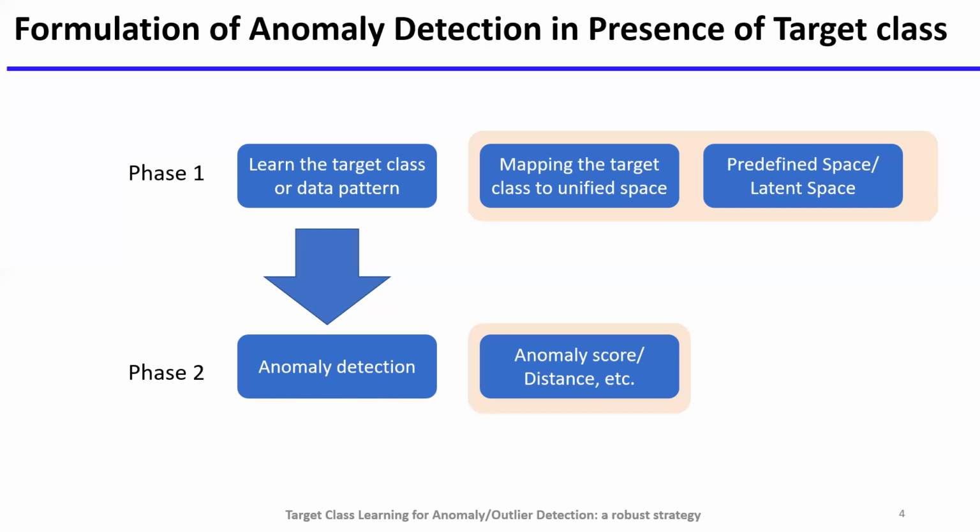Suppose some sample is coming for testing, and we should identify whether that sample belongs to the in-class itself or whether it is an outlier. Definitely some statistical observations must be there: for a few samples we can compute the anomaly score, and we can decide the anomalous behavior based on the distance from the mean of the distribution and so on. Many techniques are available, so we should think on that.